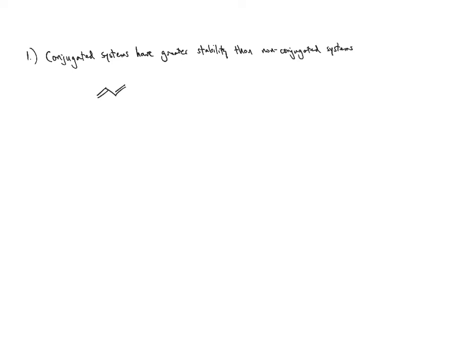Let's say we take that system versus this system. This system is a conjugated system, and so it's more stable.